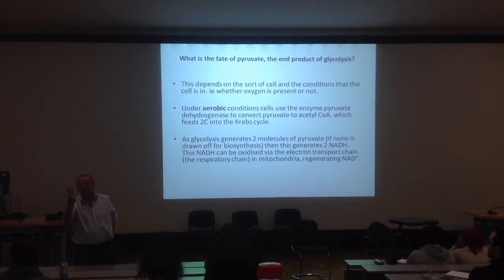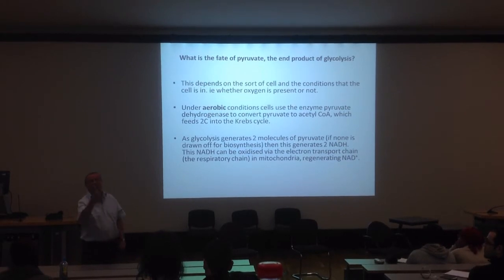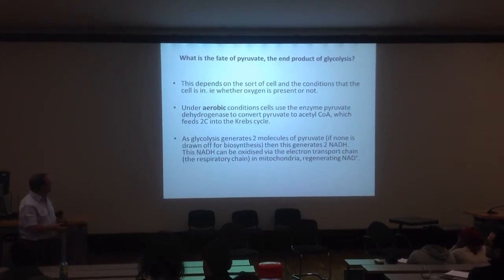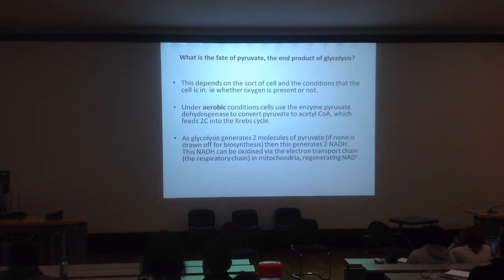So when you've got a dehydrogenase, it removes hydrogen, not only hydrogen gas, but it removes an H. But you're really talking about the electrons. That's the bit that matters. You've got an H plus an electron, and it's the electron bit that matters. So under aerobic conditions, pyruvate dehydrogenase converts pyruvate to acetyl-CoA.